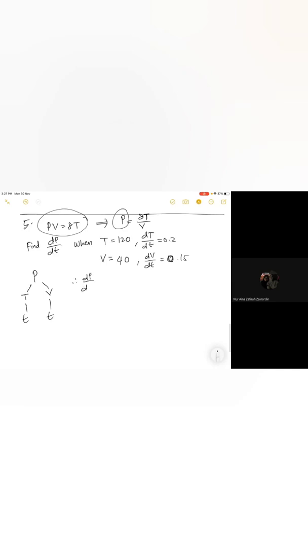So if you want to find dP dt, so actually you have to find del P del T. T besar ni temperature, t kecil is masa, okay, times with dT dt plus del P del V times with dV dt. Okay. So how do you find del P del T, del P del V? This is actually from here lah, from the equation. Okay. This dT dt, dV dt, the one that again given.